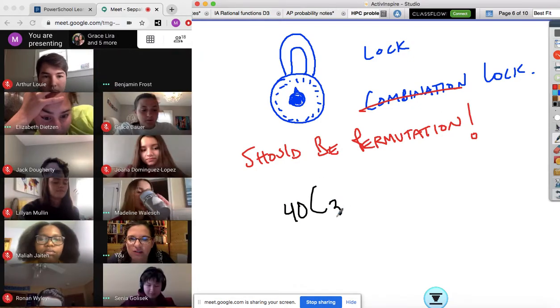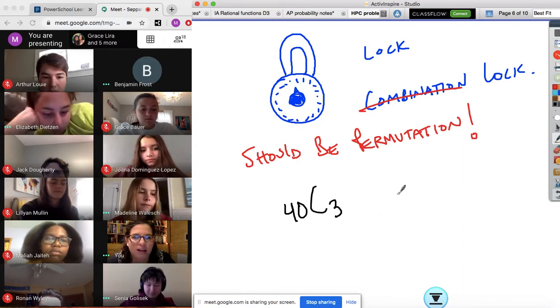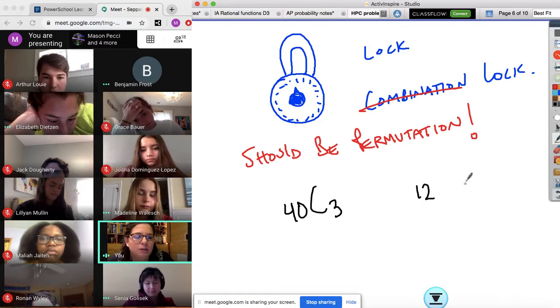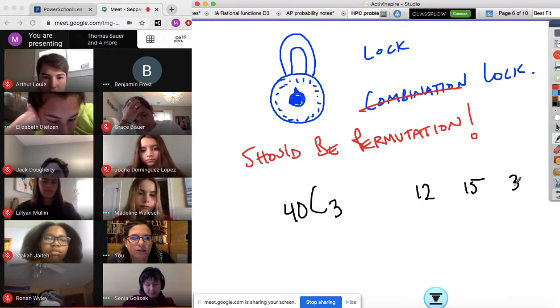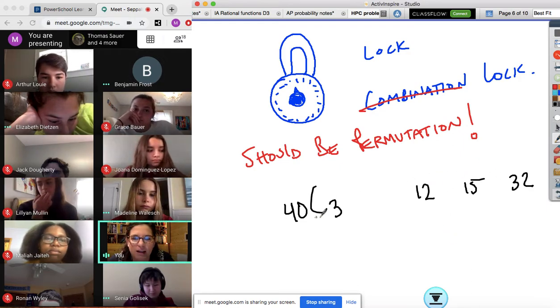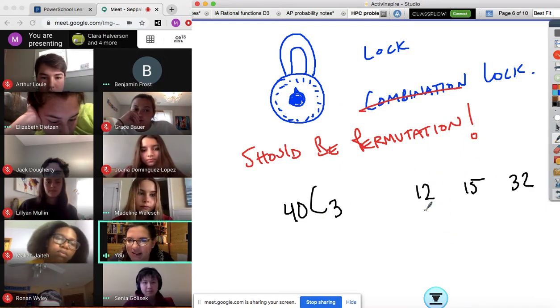If you're choosing 3, let's say you happen to get the numbers 12, 15, and 32. Let's pretend those are the numbers you get. In a true combination lock like a locker, are you allowed to put them in any order you want?